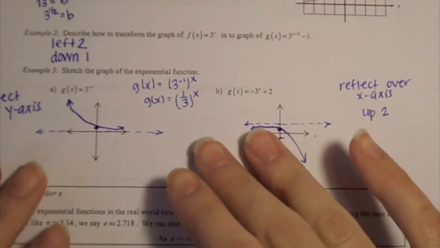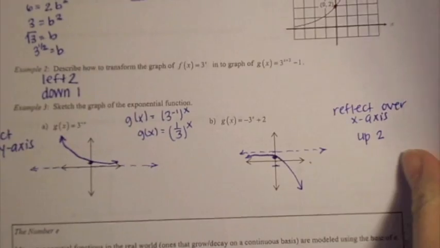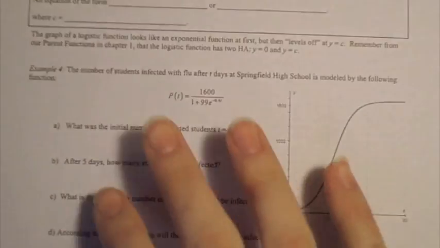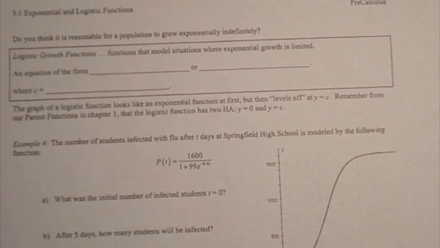Now let's look at applications of exponential functions. Do you think it's reasonable for a population to grow exponentially indefinitely? Here's where logistic growth functions come into play. Logistic growth functions are functions that model situations where exponential growth is limited.